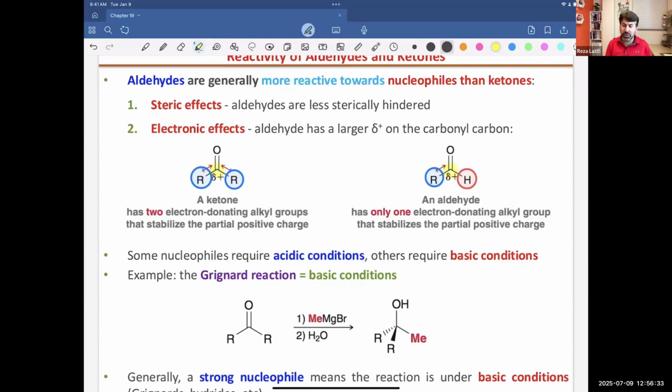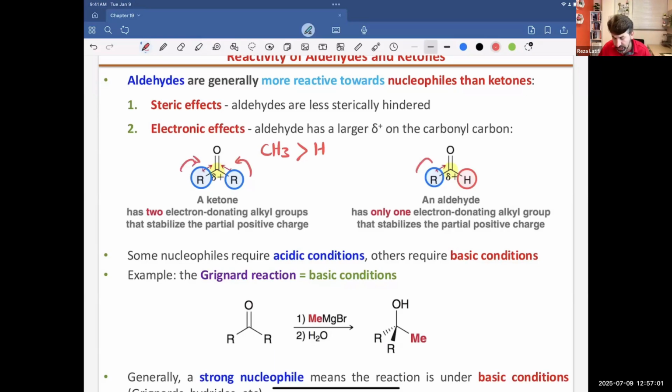Now, how about the electronic effect? We know alkyl groups are electron donating, and they donate more electron density than hydrogen. So, for example, CH3 can donate more electron density than hydrogen. So I'm going to say, when it comes to ketone, it gets help from both R's.